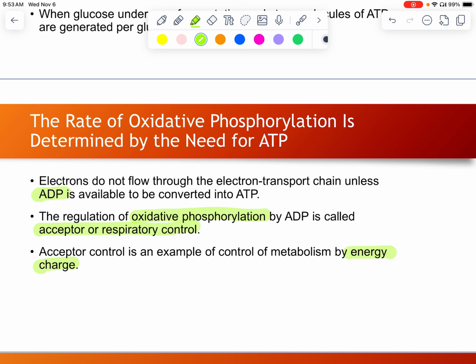That ATP to ADP or ATP to AMP ratio. If we have lots of ADP, if we have a high ADP concentration, we expect that the electron transport chain will run, ATP synthase will run, right? That's all controlled by the energy charge.